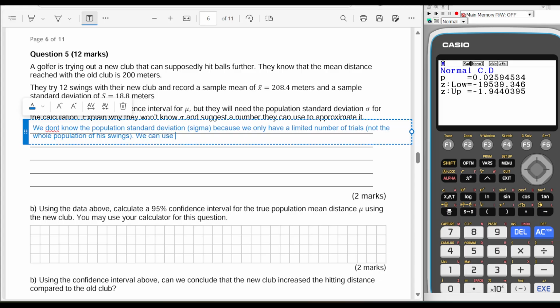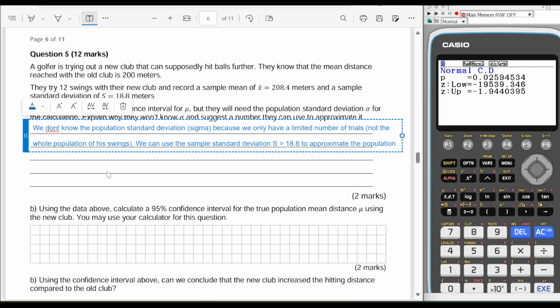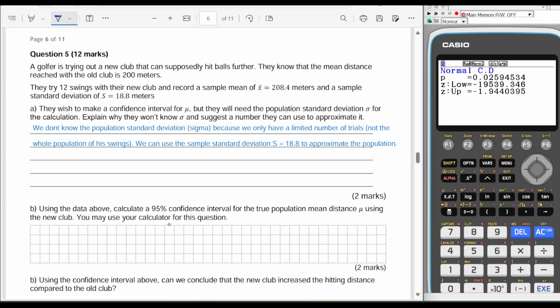We can use the sample standard deviation S equals 18.8 to approximate the population. So we don't know the population, but we do know the sample. So we're going to use that to approximate it. And I'll draw the little sigma symbol above there.